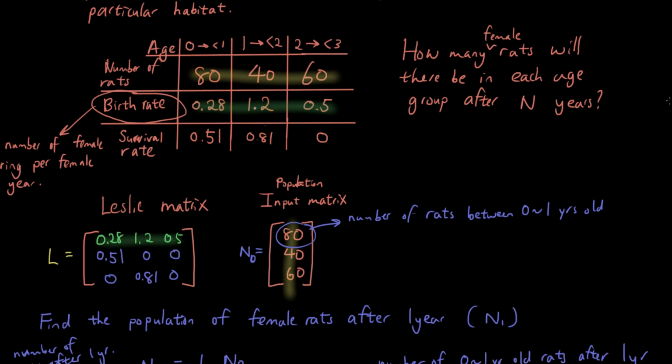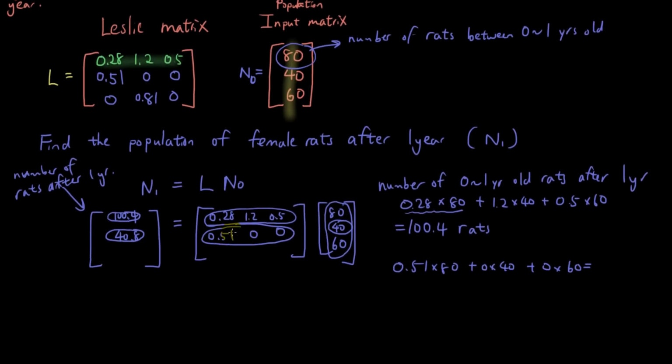So if we put that in the second row, 0.51 times the 80 rats in the first age group, that is going to give us 40.8 rats in the 1 to 2 year old age group after 1 year, because that's how many of the 80 rats will survive to go to the second age group.